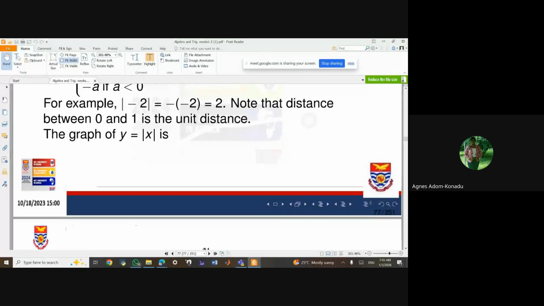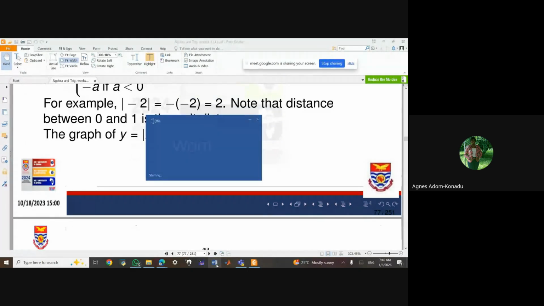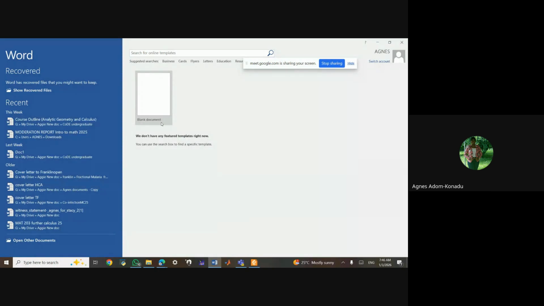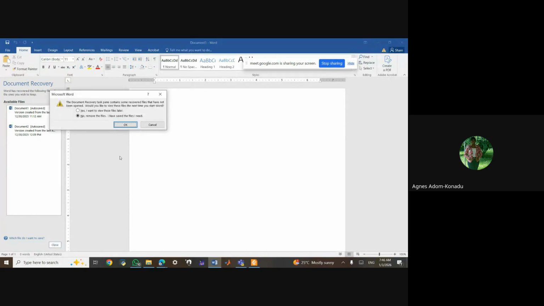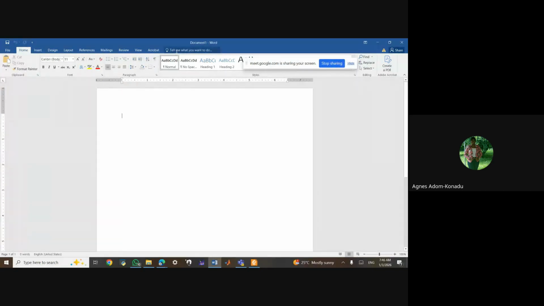Okay, so if I want to sketch the graph of y equals the absolute value of x, I told you it means I'm taking both the positive and the negative values of x, but the y value that I get will be positive.